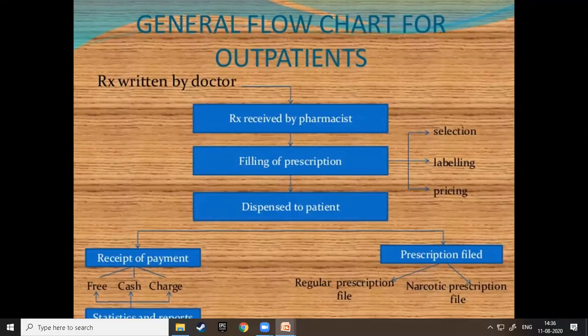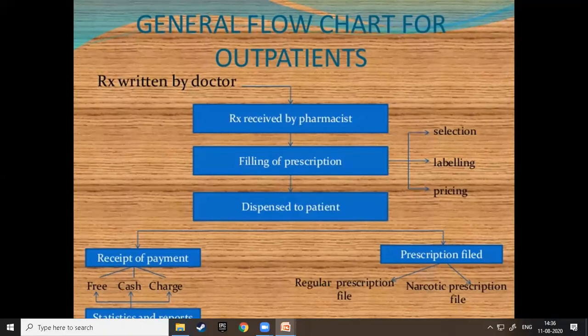He will write that on a proper envelope. After labeling, he will give it to you, and also calculate the pricing of that particular prescription. After you pay, you can take your prescribed medicine with you.